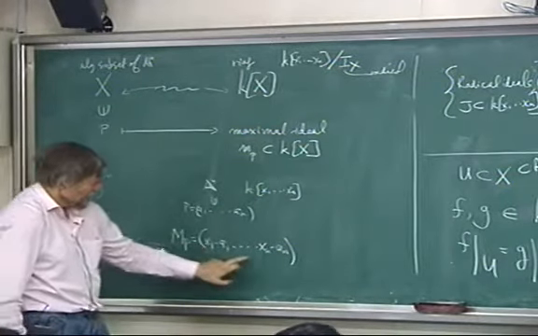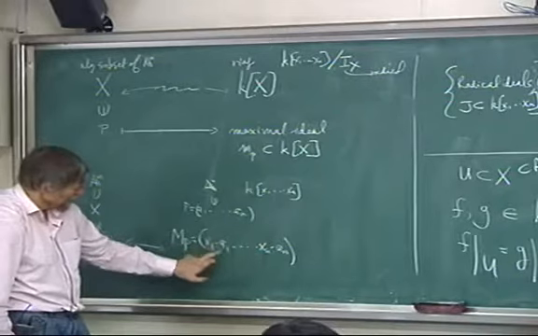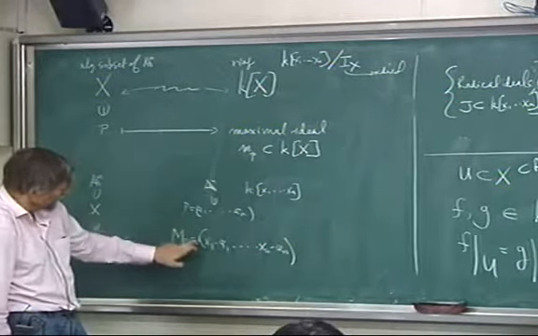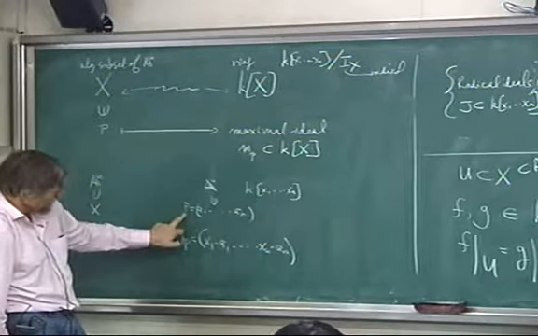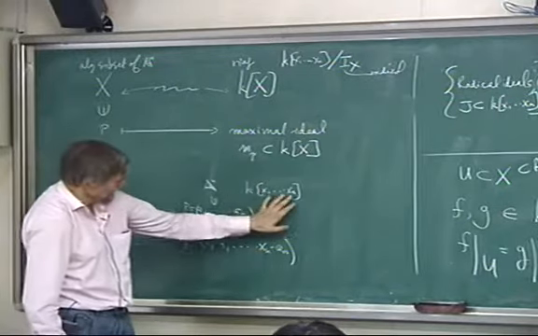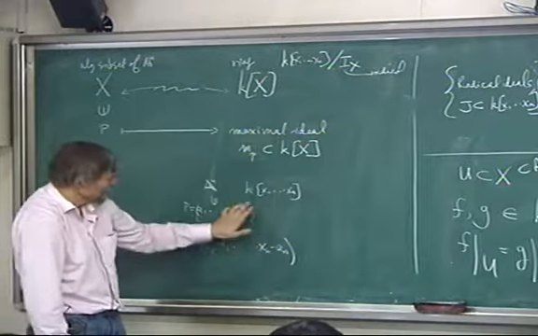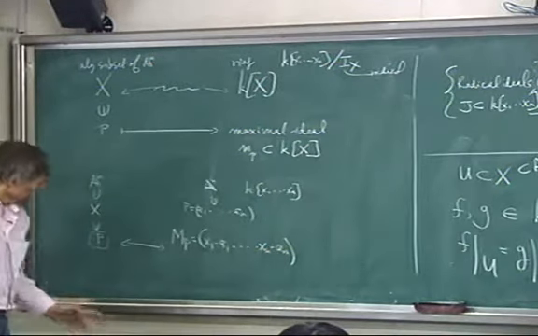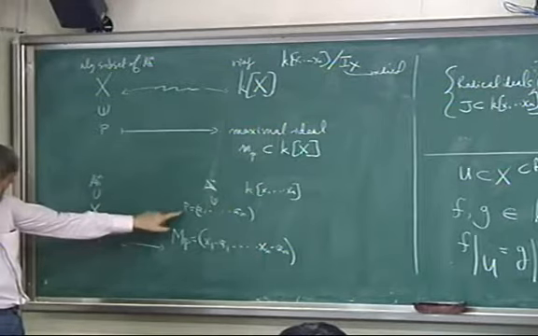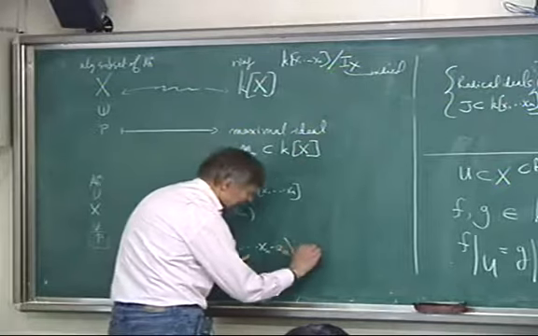So it's generated by X1 minus A1, where A1 is the value of X1 when I evaluate it at the point P. Right? So if I want to get a maximal ideal here, I have to set all the xi's equal to some value in K. Right? Now this maximal ideal will belong to X if and only if this maximal ideal contains Ix.